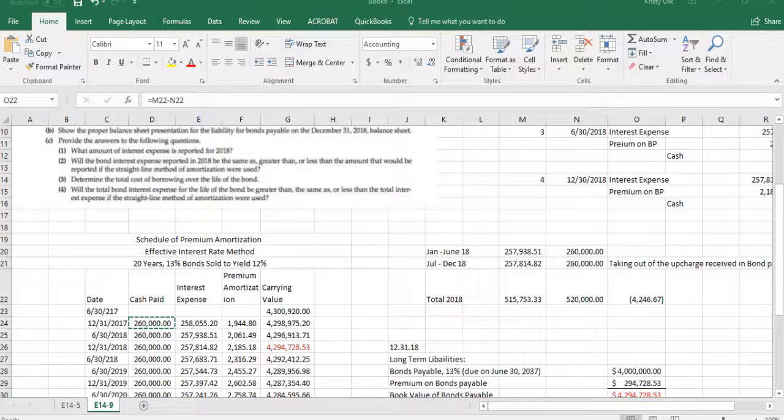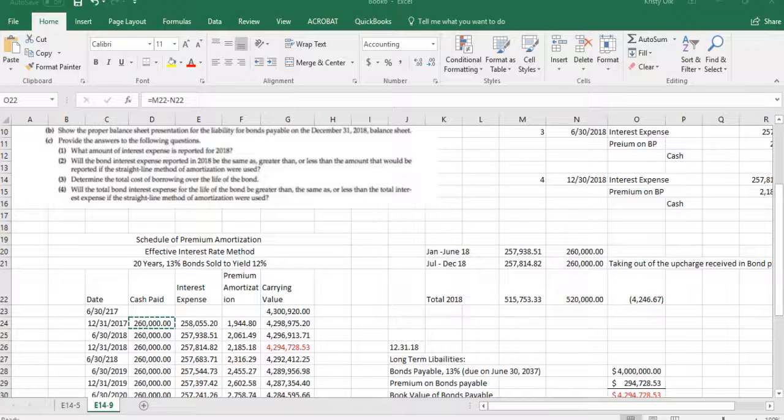So for number 3, the total cost of borrowing over the life of the bond. This bond has interest to be paid of $10,400,000. That is $4 million times 13% times 20 years, the total sum of all the $260,000 payments. There's a principal due in 2034 of $4 million.